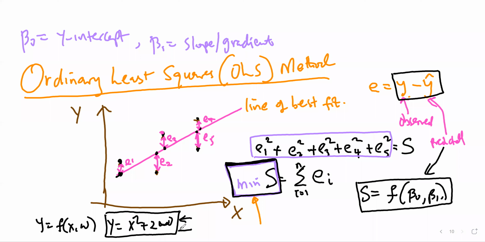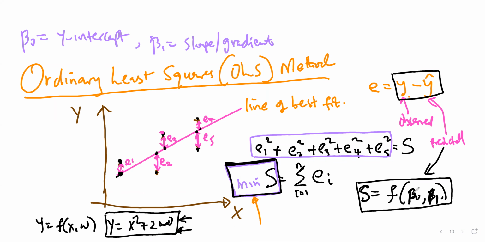You differentiate this function again with respect to W and equate to 0. So in our case here, S is a function of beta naught and beta 1, the regression coefficients, the unknowns. So you differentiate the function with respect to beta naught, and you differentiate again the same function with respect to beta 1. Then you equate those two to 0.